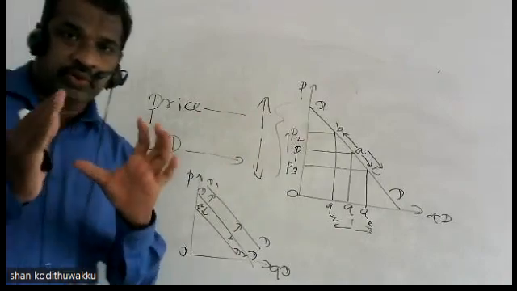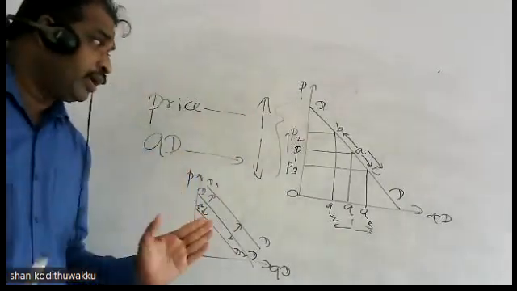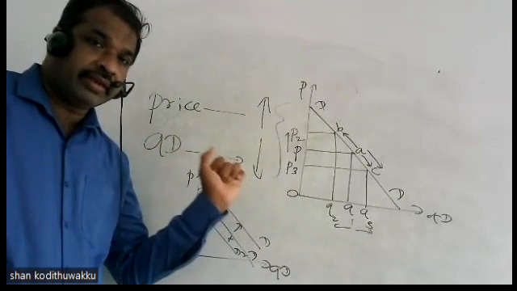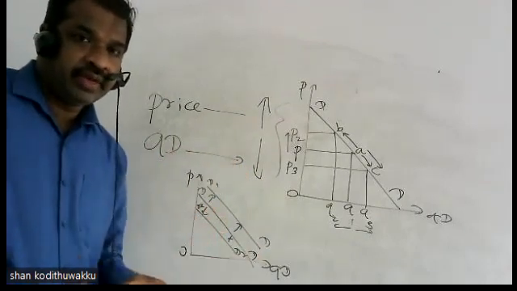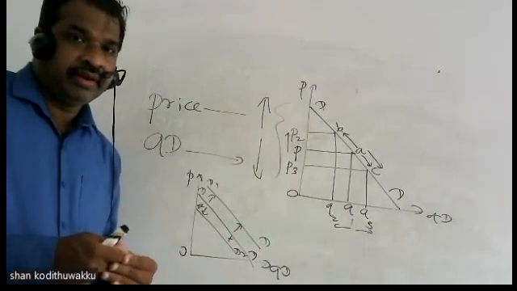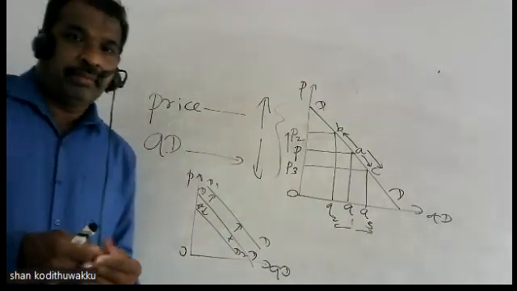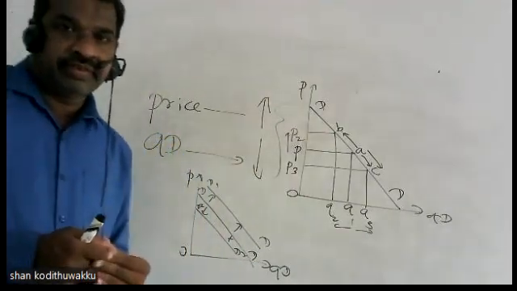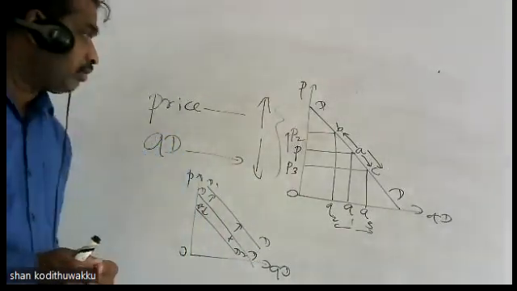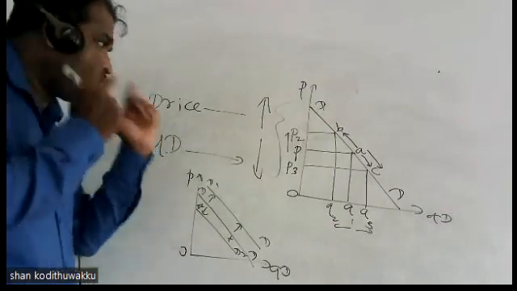For a change in demand, there should be changes in other factors affecting demand, like consumers' income, consumers' taste, population, prices of other products like complementary products, substitute products, then you can expect change in demand.